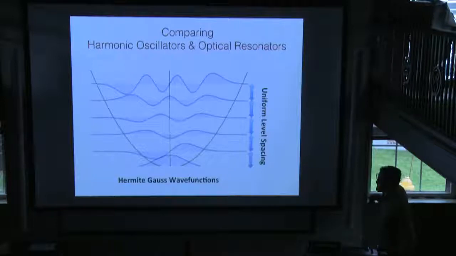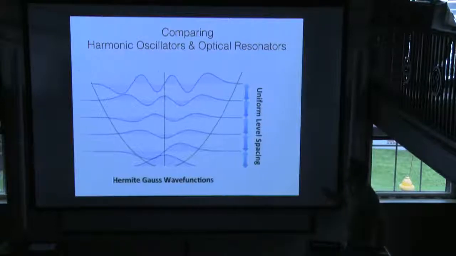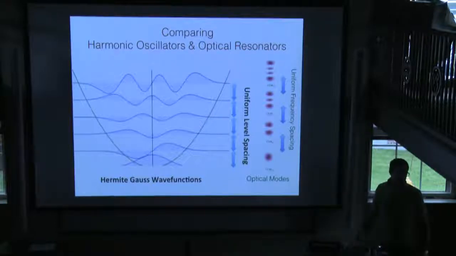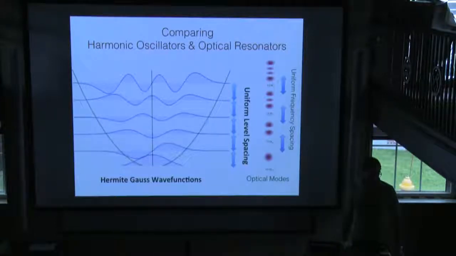If we want to think in a wave picture, or what one might call a quantum mechanical picture now, what we know is that the transverse modes of a Fabry-Perot cavity are Hermite-Gauss, and they're uniformly spaced in energy. That's the same as the modes of a quantum harmonic oscillator, right? Hermite-Gauss and uniformly spaced in energy.